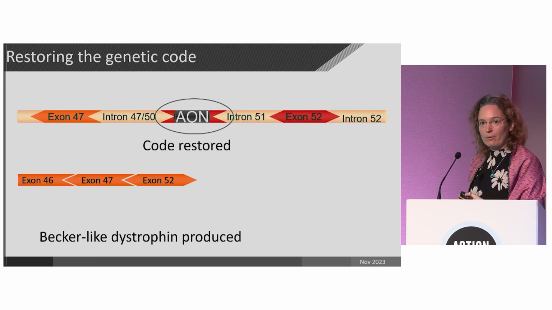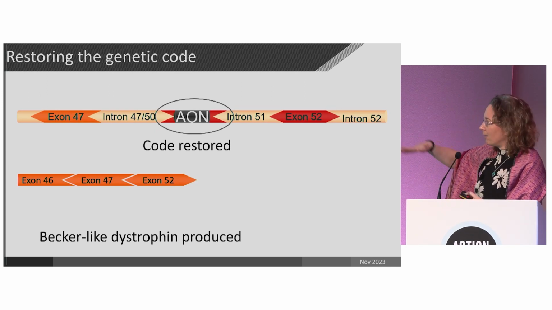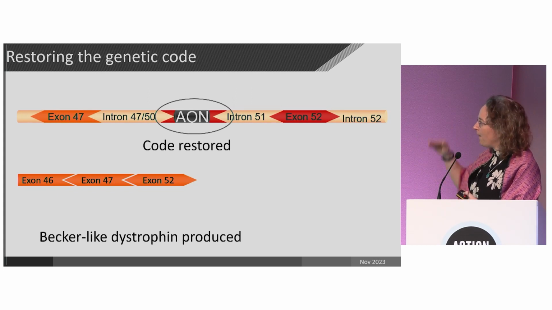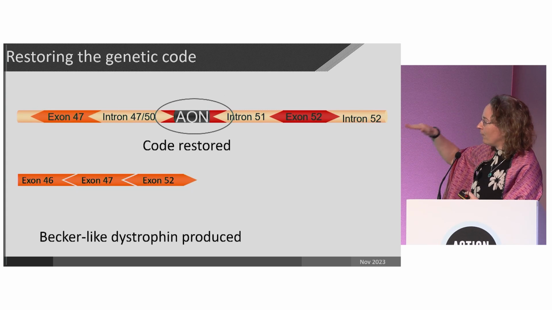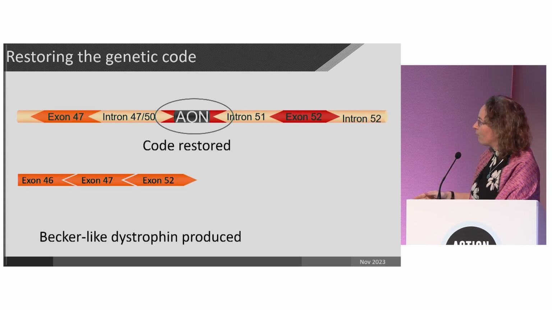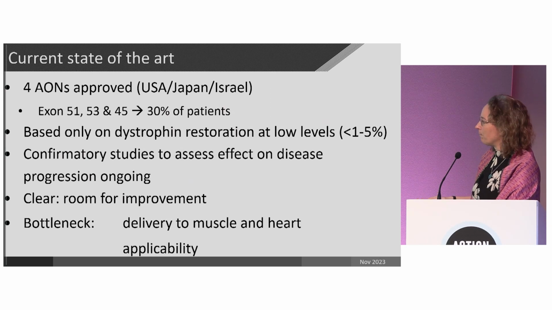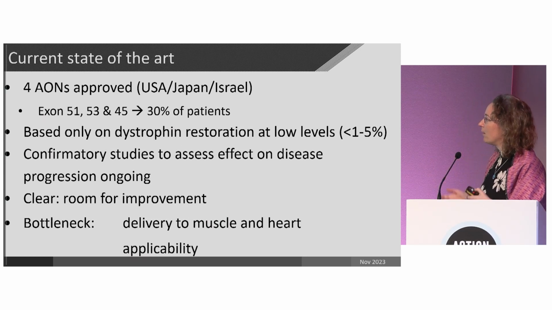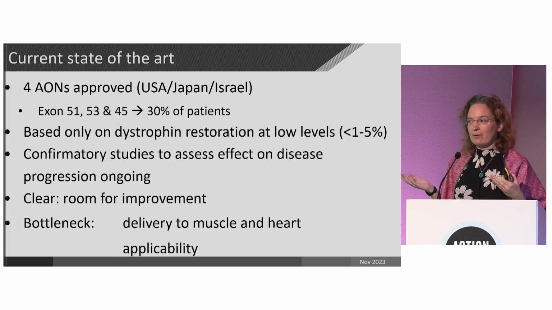We use antisense oligonucleotides, AONs or ASOs, that specifically bind to a target exon. So they're small modified pieces of DNA that specifically bind to an exon and hide it from the splicing machinery that connects all these exons, and now 47 is linked to 52. And the code is restored, as you can see, and then you produce a Becker-type dystrophin instead of a non-functional dystrophin.